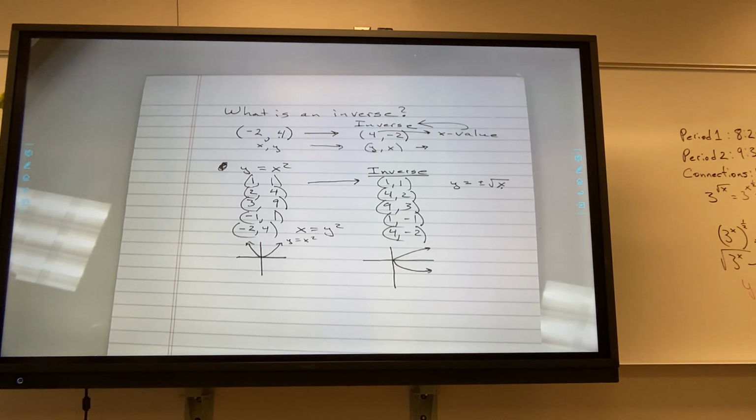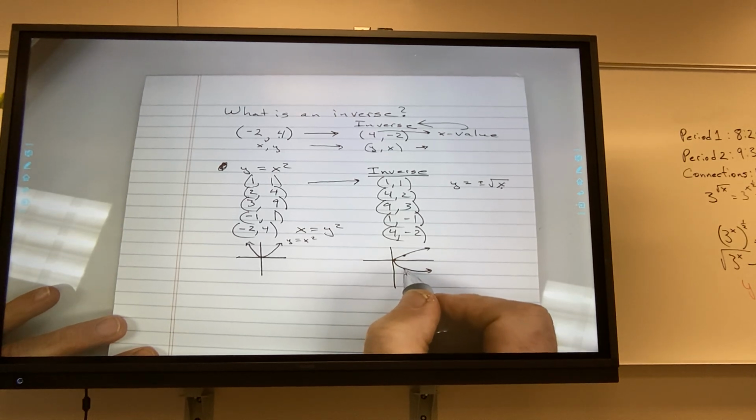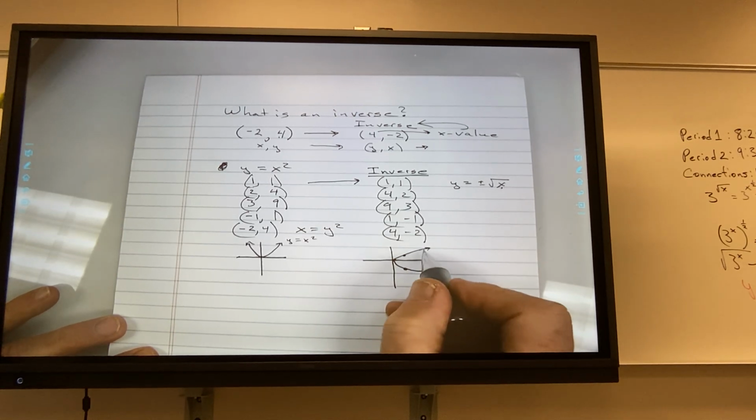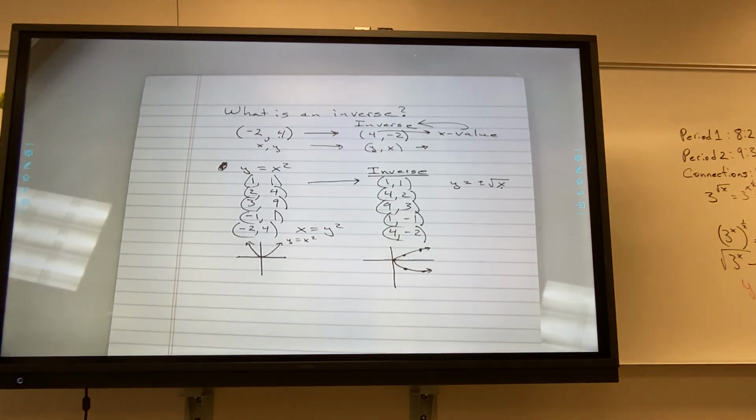Everybody okay with that? (0, 0) would be here, (1, 1) would be here, (1, -1) would be down here, (4, 2) would be here, (4, -2) would be down there, correct? It's not a function, but I don't care about that.